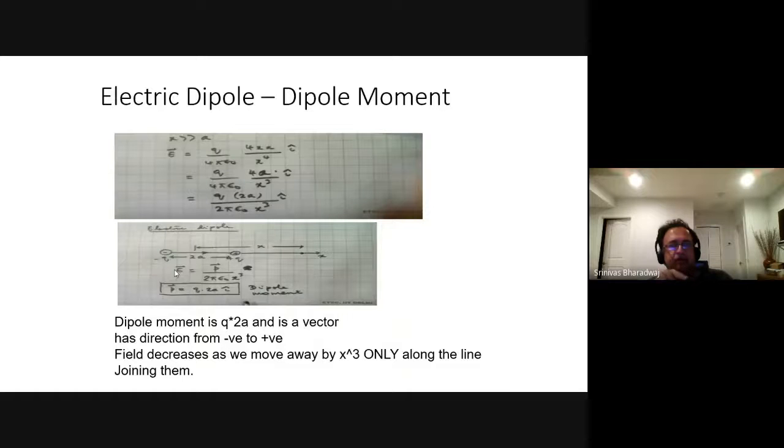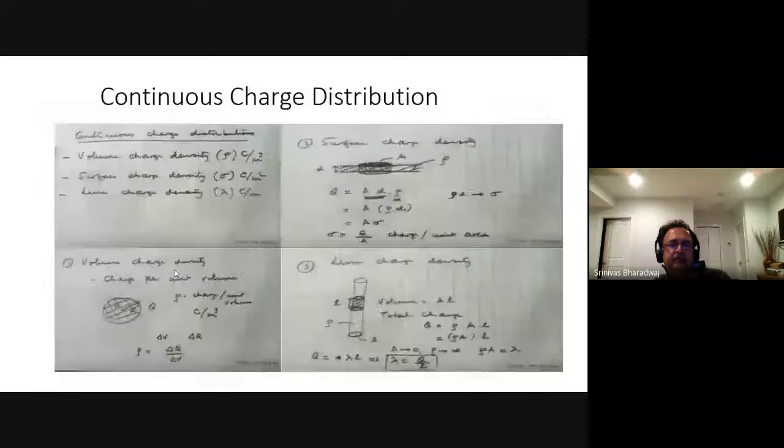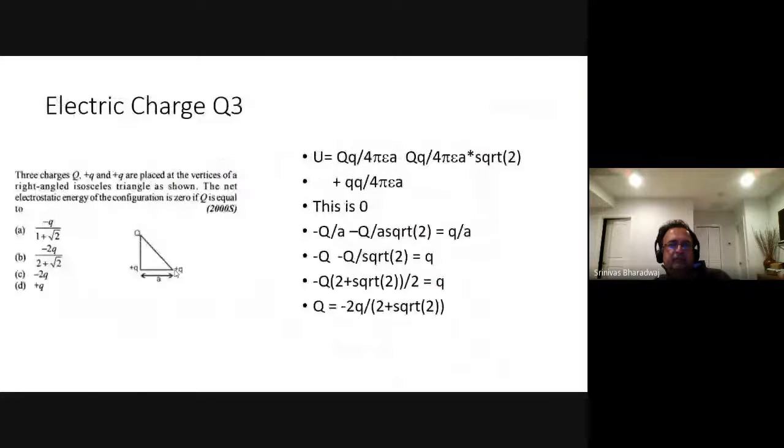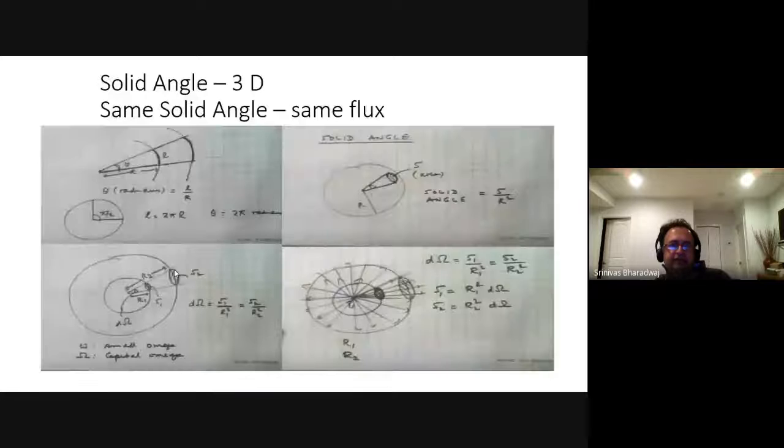Q, 2a is the distance, minus q plus q, right? He's saying the dipole moment is along the x-axis.